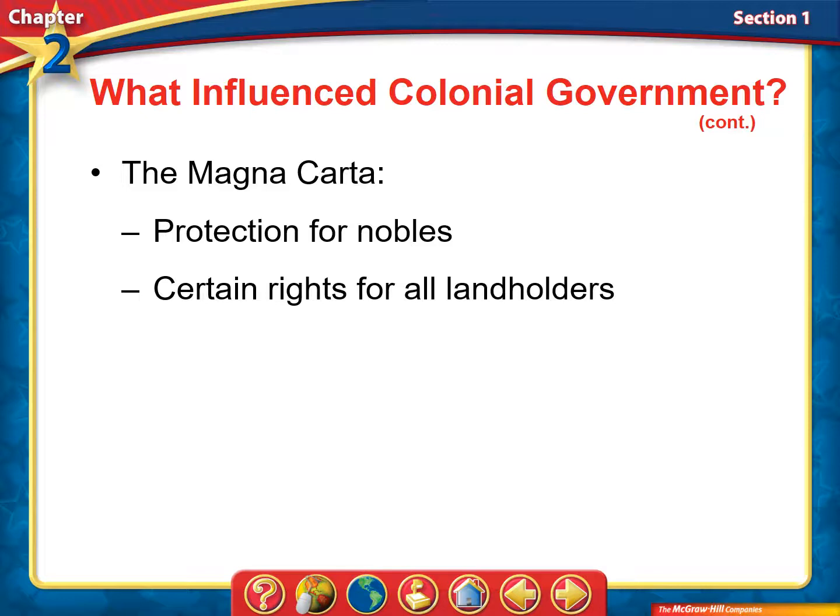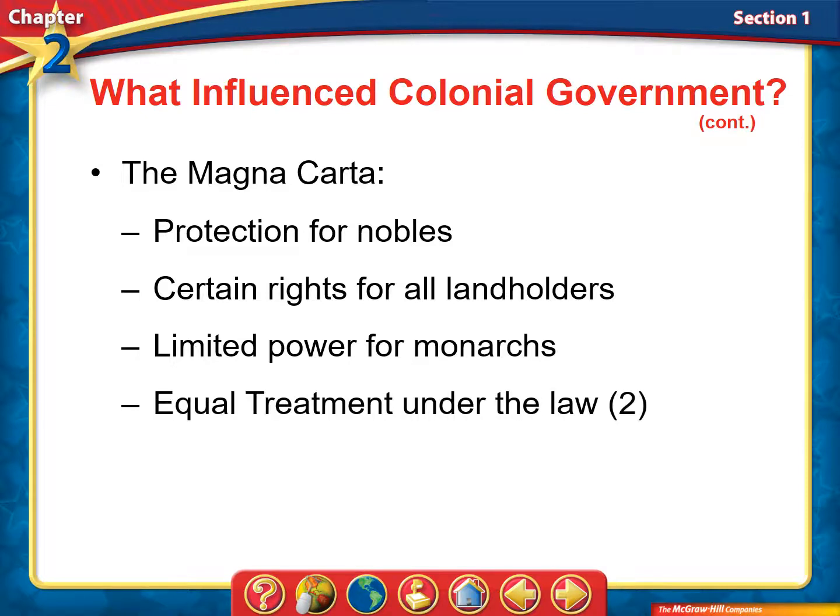It did guarantee these protections and certain rights for all landholders, but importantly limited power for the monarchs and established the precedent of equal treatment under the law for all British subjects, not just the rich landholders, not just the king, but the common people.